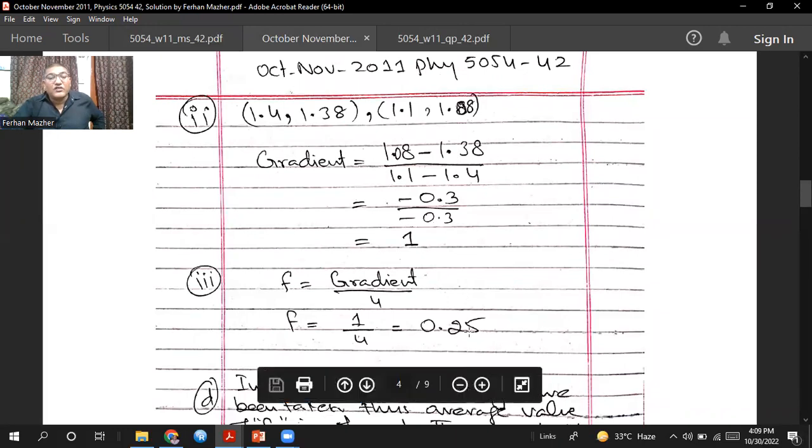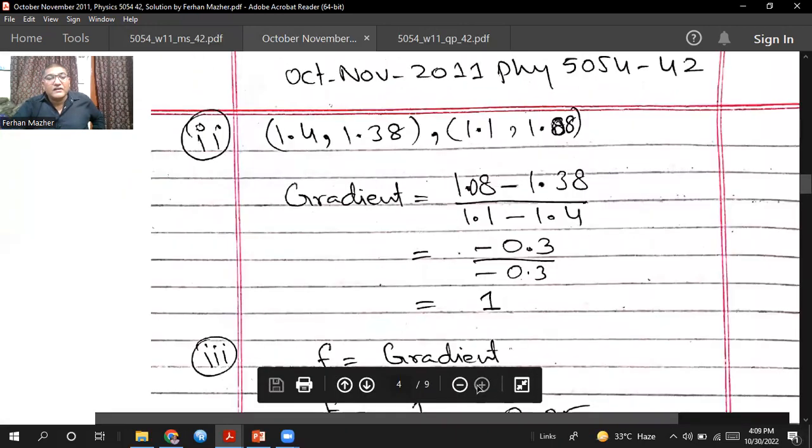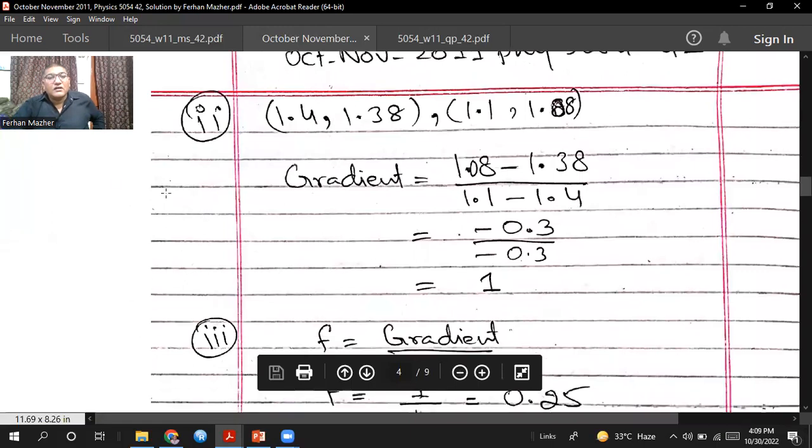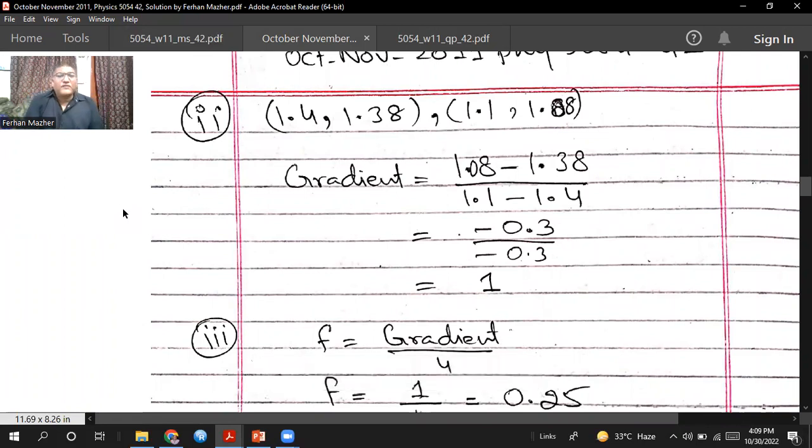Because we want to find the gradient, I have taken 2 points. One point is 1.4, 1.38. Another point is 1.1, 1.08. The formula for finding the gradient is y2 minus y1 divided by x2 minus x1.